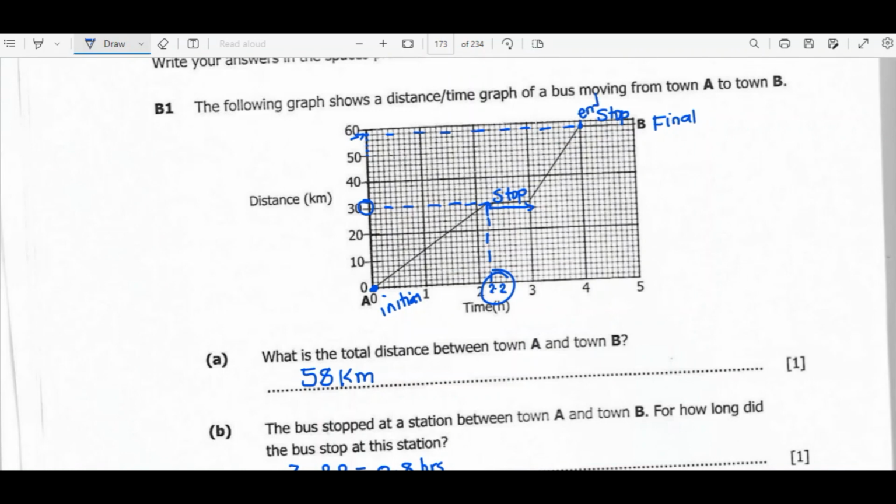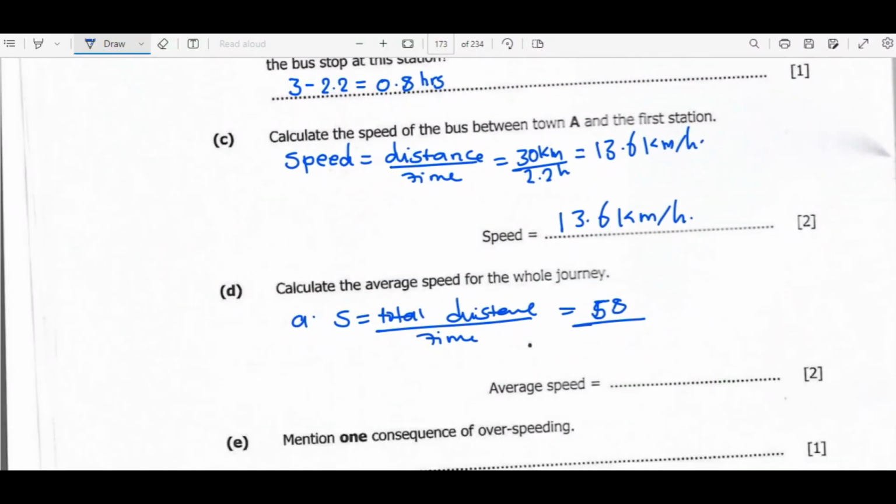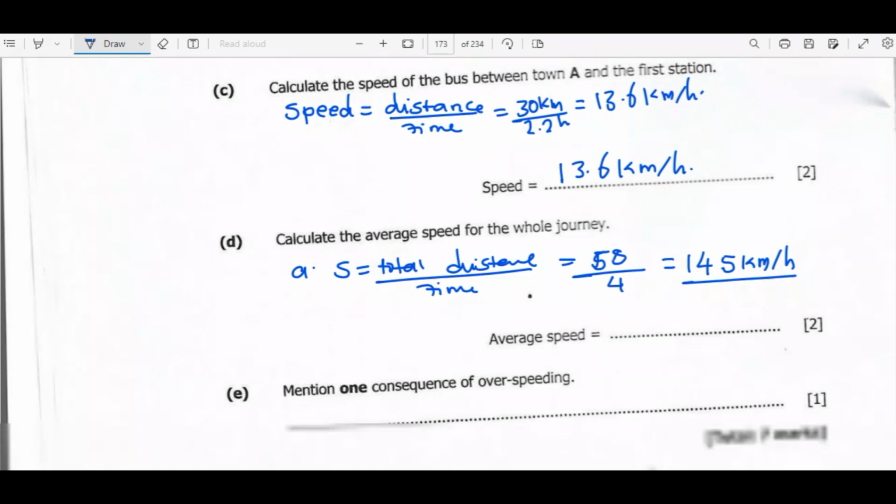This is where the journey ended. It stopped from here. So we need to get the time from this point, because at this point the bus has stopped moving. So we are getting a 4. So we divide by 4. 58 divided by 4, I'm getting 14.5 kilometers per hour.